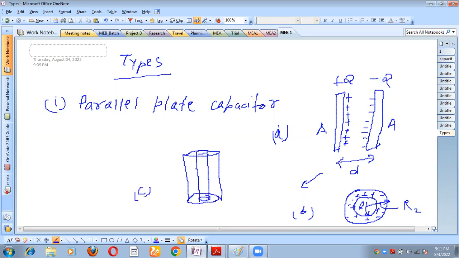So this is the third type. Here we may have plus charge on the inner plate and minus charge on the outer. So this is cylindrical. This is spherical.